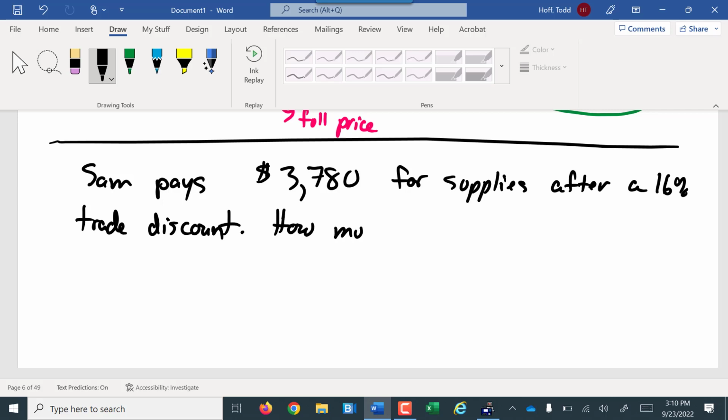How much was the discount? In other words, how much did Sam save here?